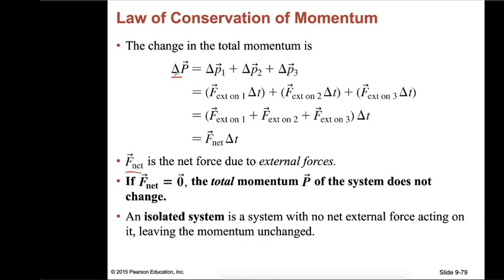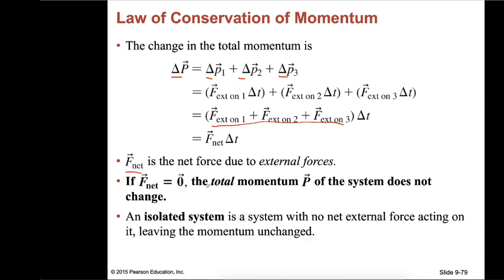So the total change of momentum equals the sum of individual momentum changes, and delta P1 equals F exerted on 1 times delta T, F exerted on 2 times delta T, plus 3, or the force on 1, the force on 2, the force on 3, times delta T, or net force times delta T, because all of the three are the net force.